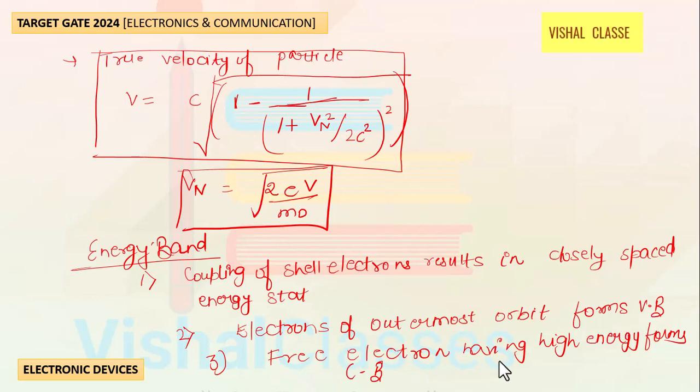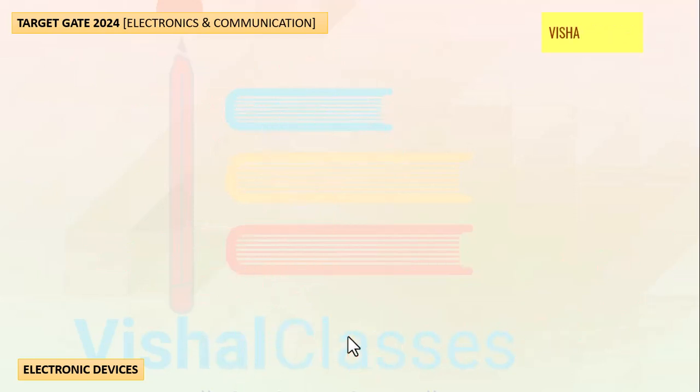Free electrons having high energy form conduction band. These 2 points you will remember.